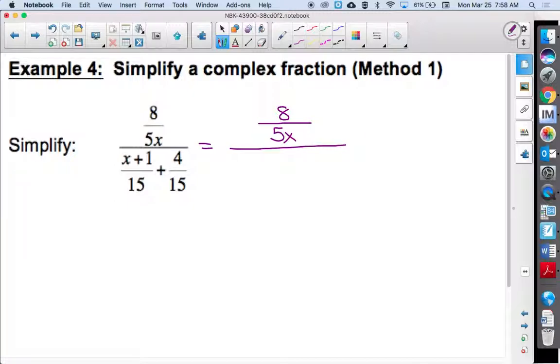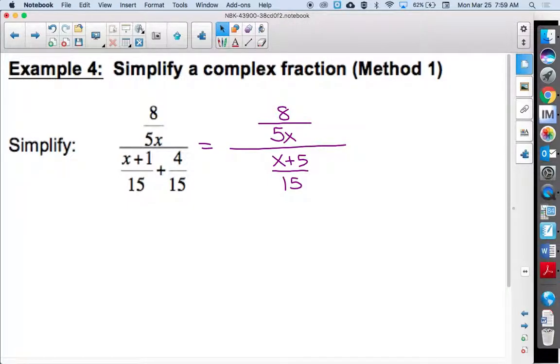So Connor, if we combine the denominator's fractions together, what does that give us? X plus 5, and then over 15. So right now we have one fraction on the top and another fraction on the bottom. And this line here really means divide.